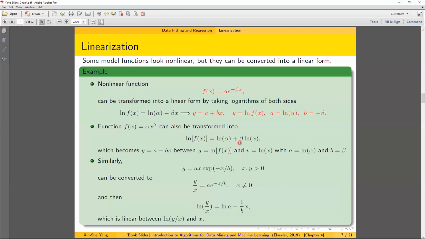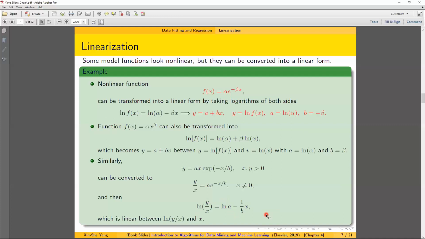So that's another transformation. Similarly, for this relationship, you can do y divided by x and then take a log. This is another one. So once you know your x and y, you can always use a transformed format to calculate the slope and intercept for the linear regression line.